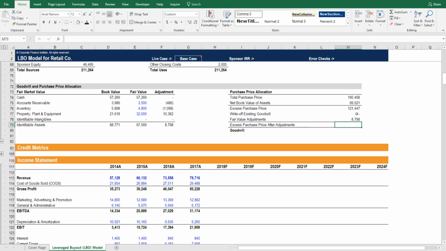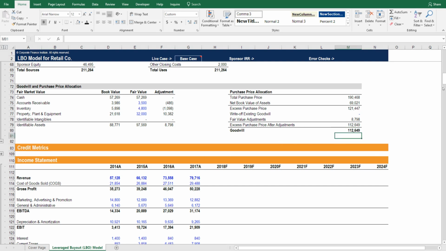That's going to be equal to the excess purchase price minus the removal of any existing goodwill minus any fair value adjustments. So we get 112,649 here. And then that is equal to the goodwill. So that's what's going to go on the balance sheet now as goodwill for this business.